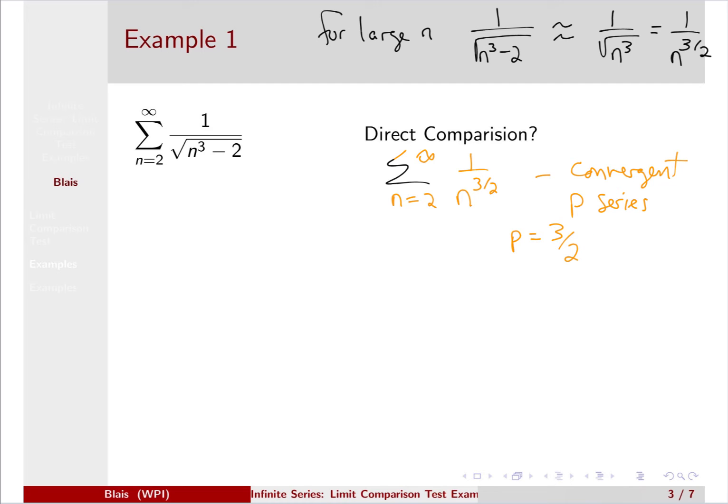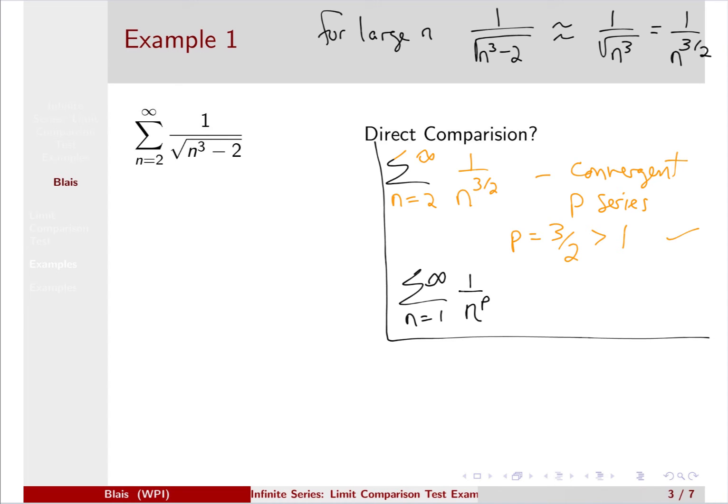Remember, for a p-series to converge, that's the criteria, that the power of n in the denominator is bigger than 1. And maybe we should recall that a p-series we write as the sum from n equals 1 to infinity of 1 over n to the p.